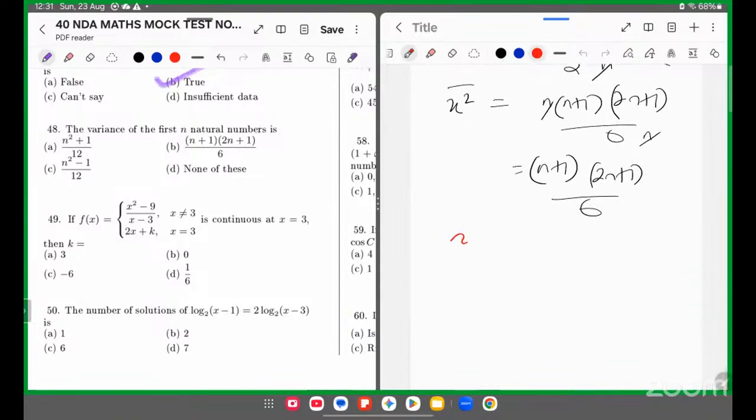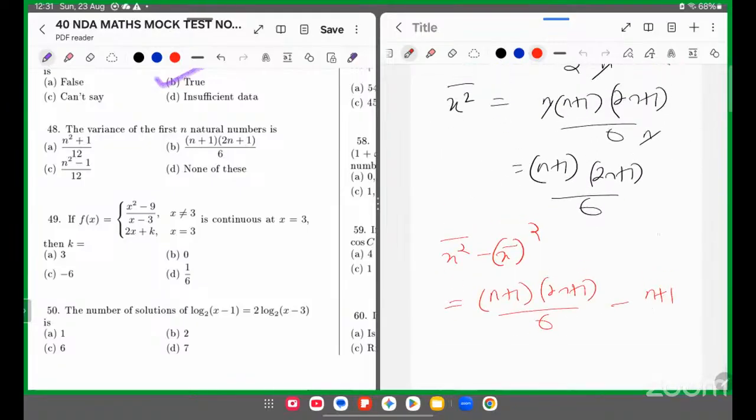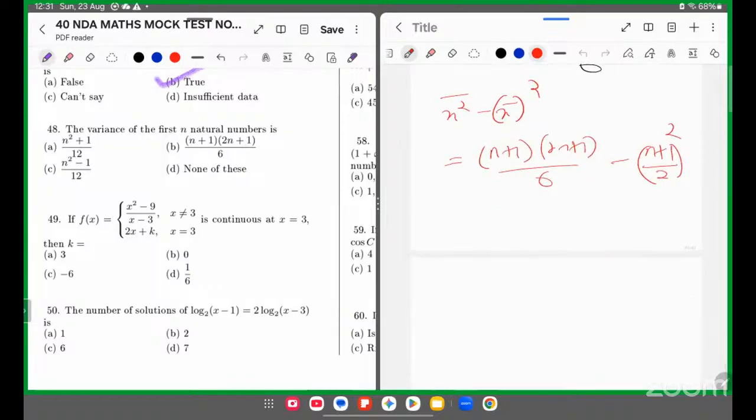Variance, we know that. What is variance? X square bar minus x bar the whole square. That is the variance. That can be written as n plus 1 into 2n plus 1 by 6 minus n plus 1 by 2 the whole square. If you solve this, n plus 1 by 2 into 2n plus 1 by 3 minus n plus 1 by 2.